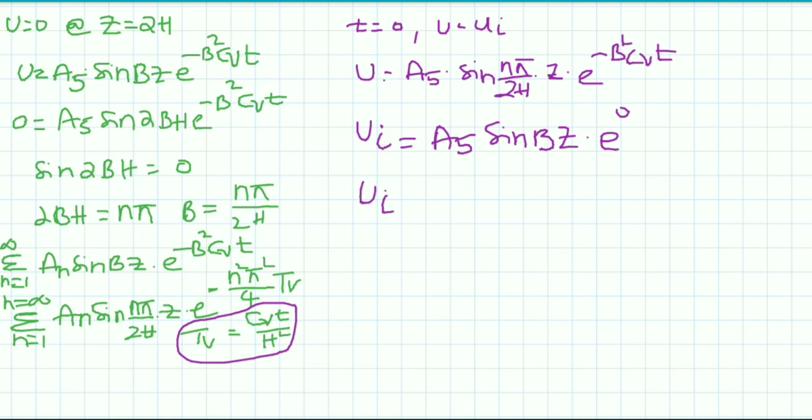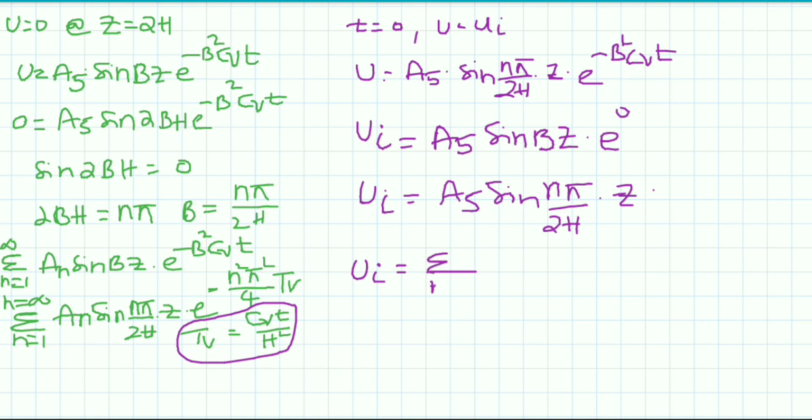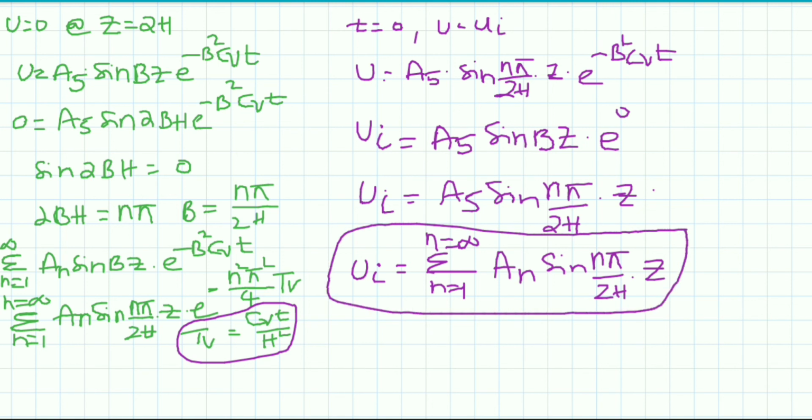So I have obtained ui as a5 sin n pi by 2H into z. To satisfy the boundary condition, ui should be equal to sigma n equal to 1 to infinity of an sin n pi by 2H into z. So this is equation D.